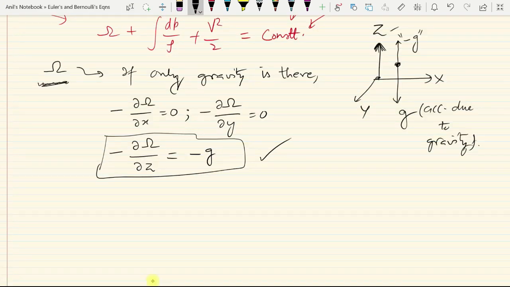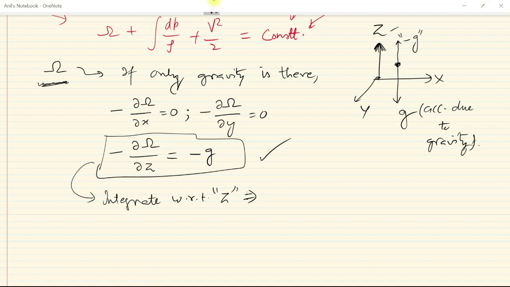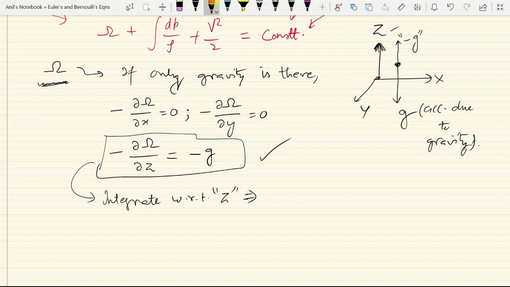Now if you integrate this with respect to z, what should we get? We will get omega is equal to g into z plus some constant c1. Well, we could have written it as del omega by del z is equal to g, and from there integrate it to get omega is equal to gz plus c1. c1 is some constant.